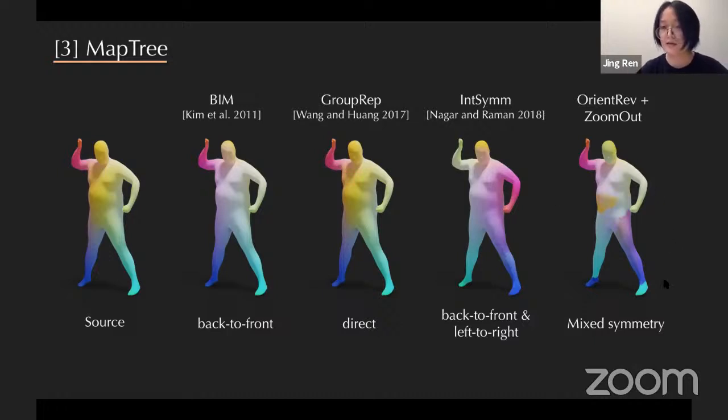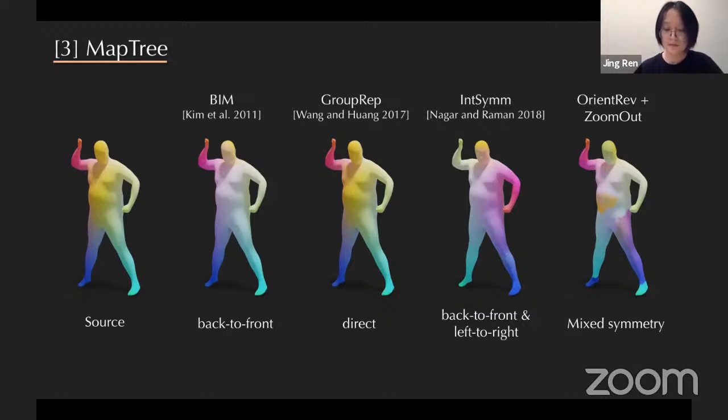For the last column, we got this mixed symmetry: on the top body it's back to front, and in the lower body it's left to right. So all of these maps make some sense.